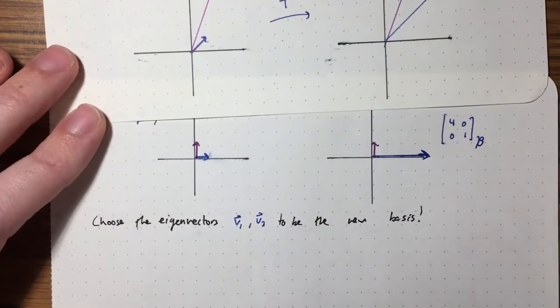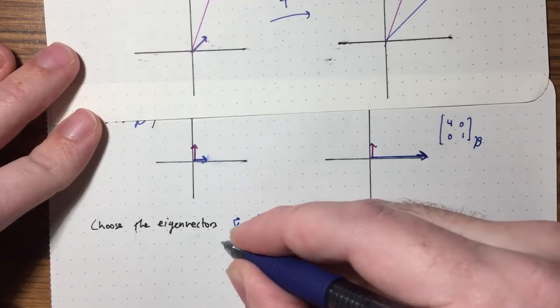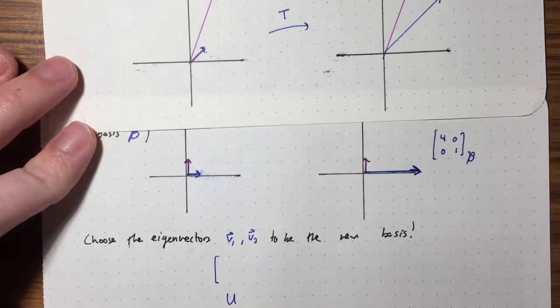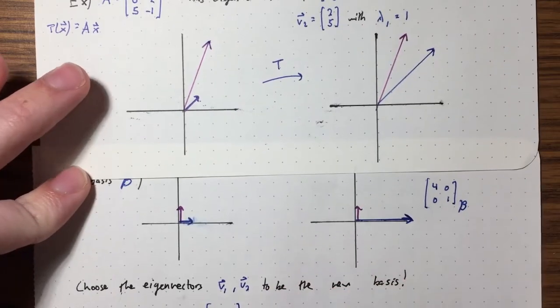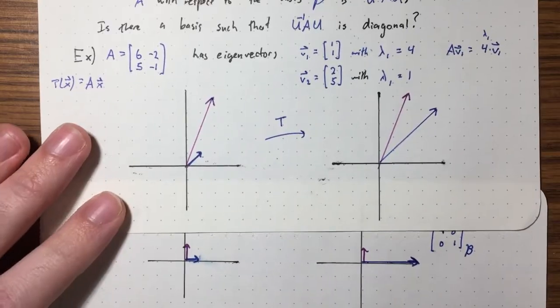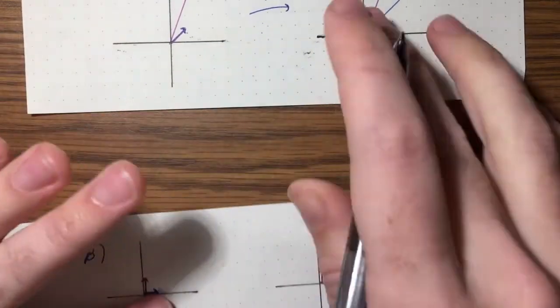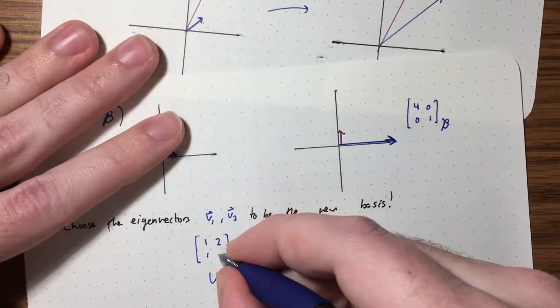So I'm going to write down my, be careful with this. So here's my U, and remember my U is just the basis vectors as the columns, but my basis is the eigenvectors. So I'm going to put 1, 1 in the first column like that, and I'm going to put 2, 5 in the second column.